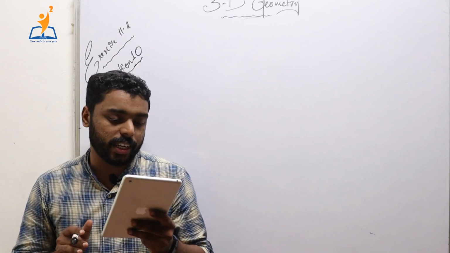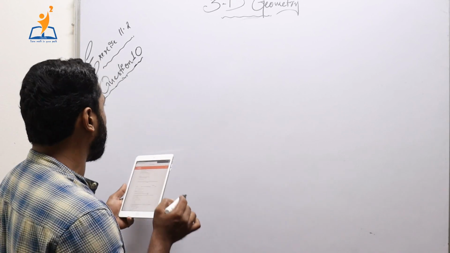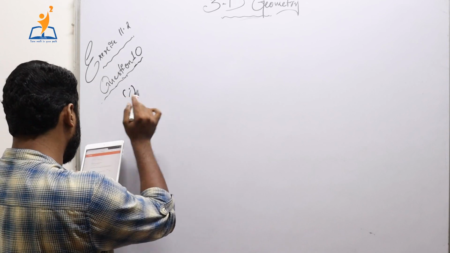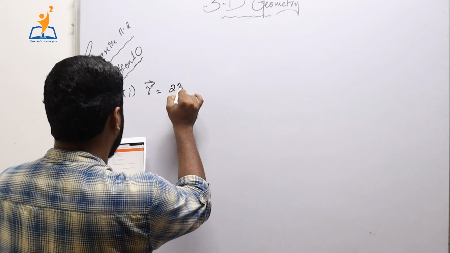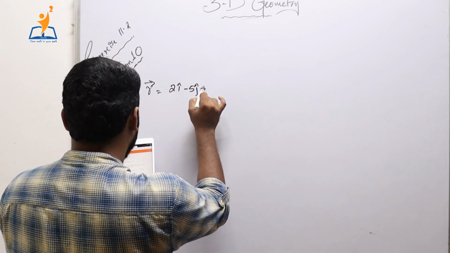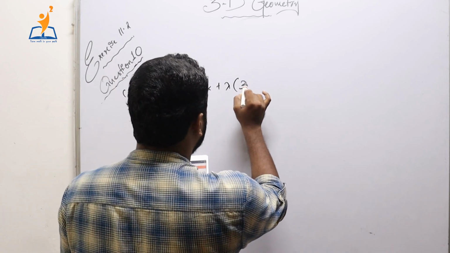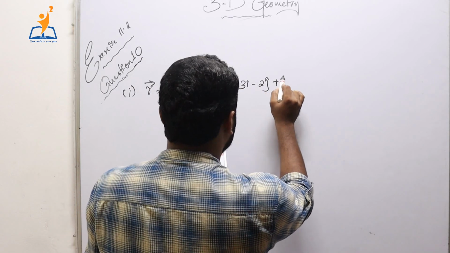Coming on to question number 10. Find the angle between the following pairs of lines. You are given 2 pairs of lines. The first one is r is equal to 2i cap minus 5j cap plus k cap plus lambda into (3i cap minus 2j cap plus 6k cap).